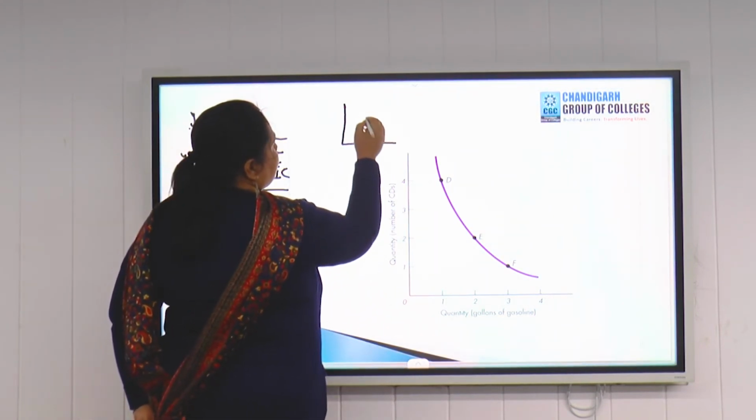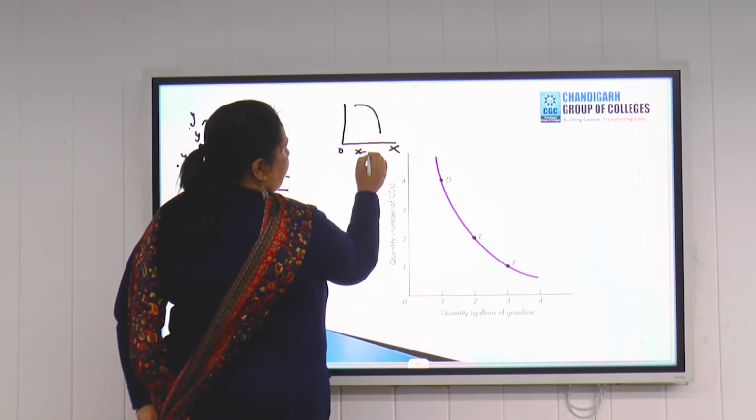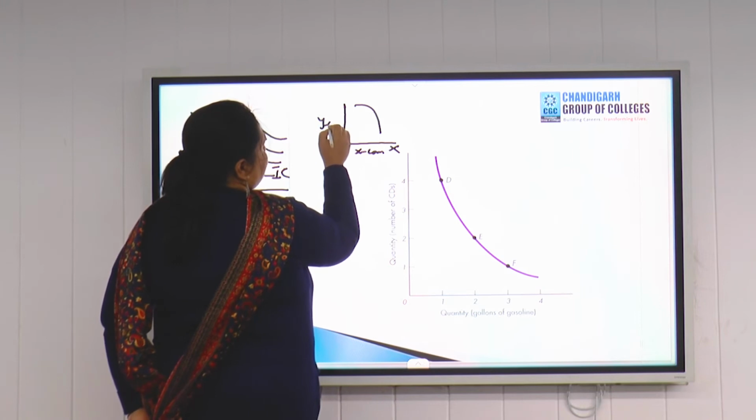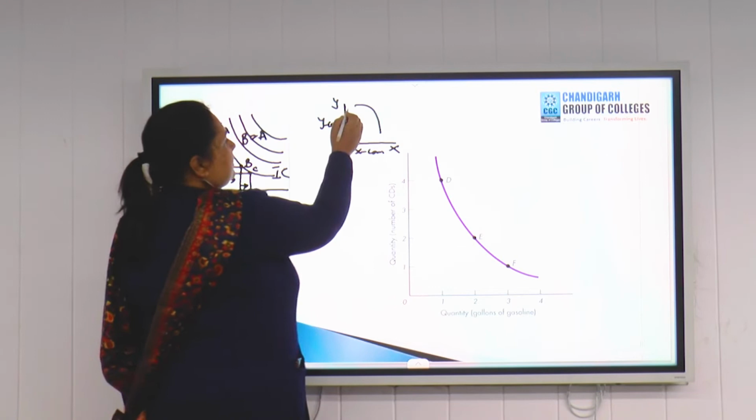I am repeating it again. This is the concave shape, X commodity and Y commodity. Now why is this the wrong shape of indifference curve?